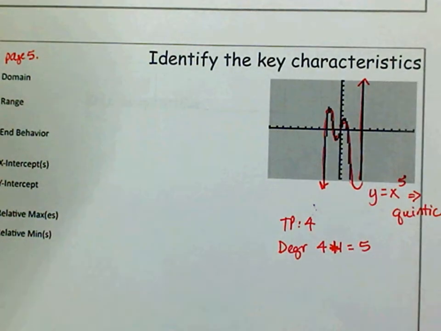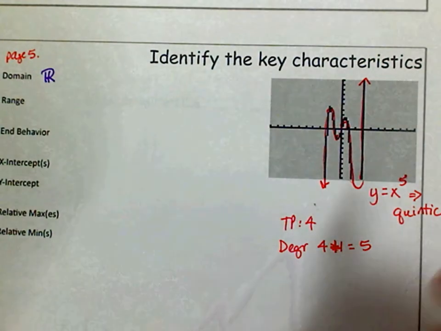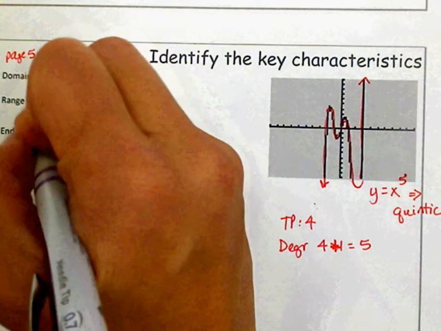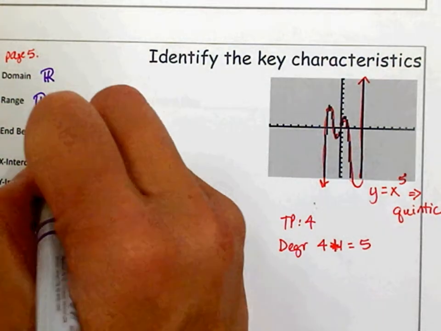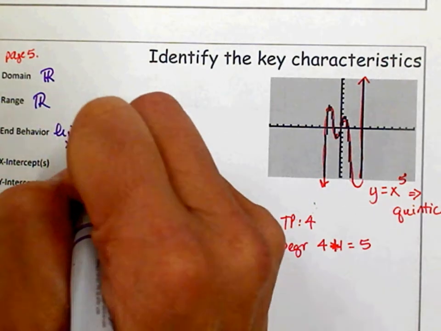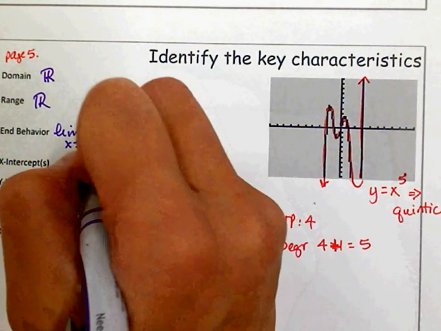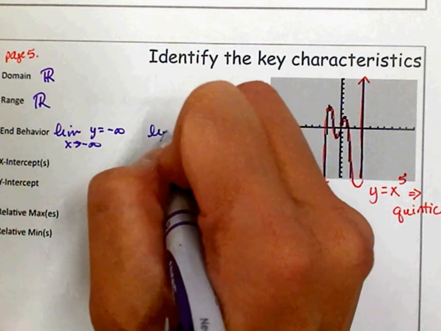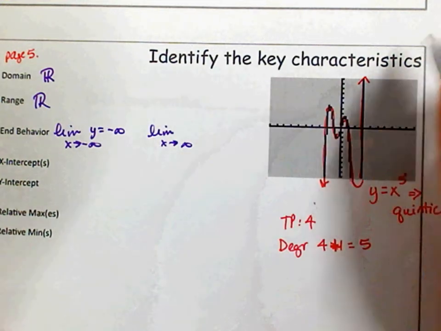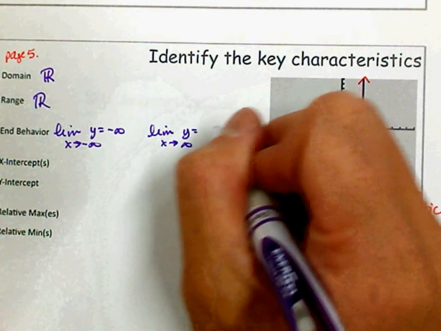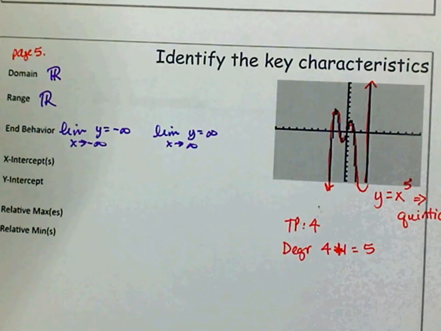Domain, all real numbers. Your range, since it's an odd, all real numbers. End behavior, left side is falling left. So negative infinity. Right side is rising right. Rising is positive infinity. Okay? Alright, x-intercepts, we can't tell a lot.